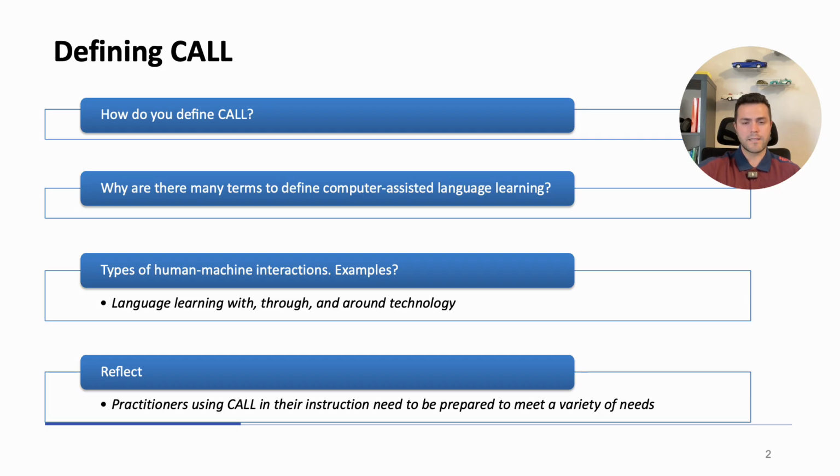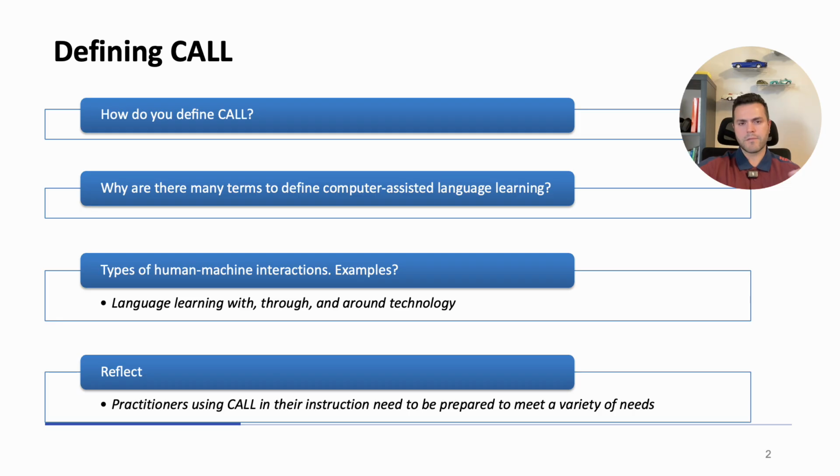And the last one, learning occurs around technology, which means technology provides the environment for communication. As a reflection point, educators or practitioners using CAL should be prepared to meet a wide range of learners' needs, both in terms of tech skills and language goals.